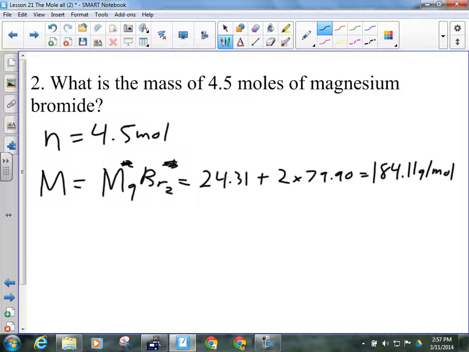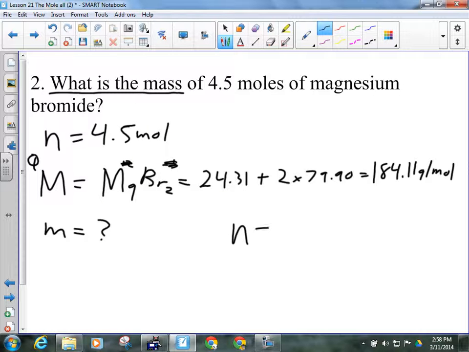The question says, what is the mass? That means we're looking for little m. So there's your first mark. You've written down your givens.